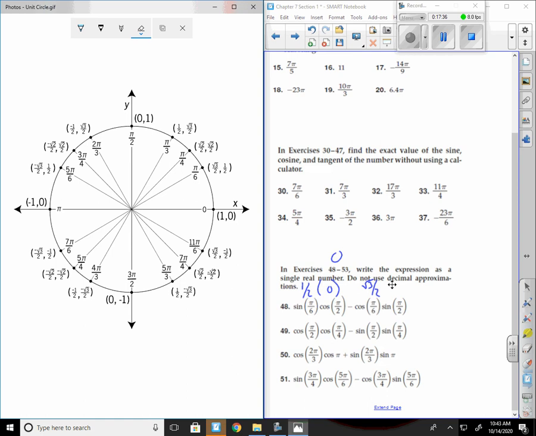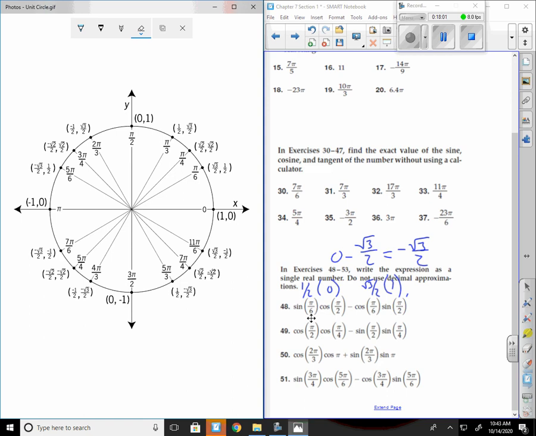Sine of pi over 2 is 0. I'm sorry, it's 1. I lied. So now I have root 3 over 2 times 1, which is just root 3 over 2. 0 minus root 3 over 2 is negative root 3 over 2. And I'm done.